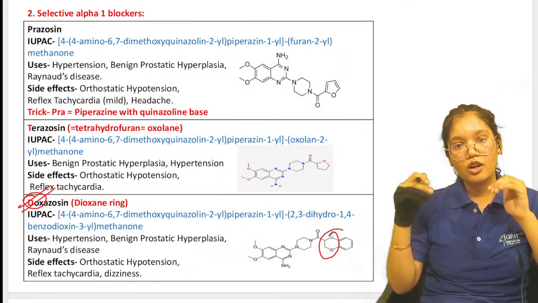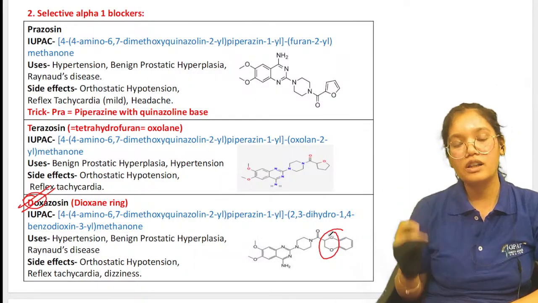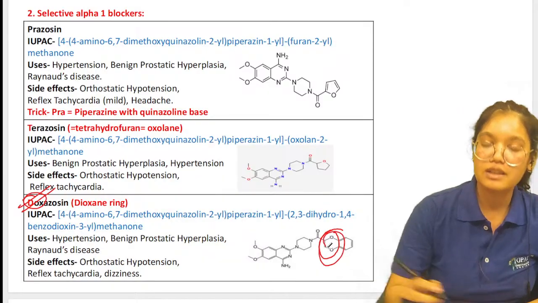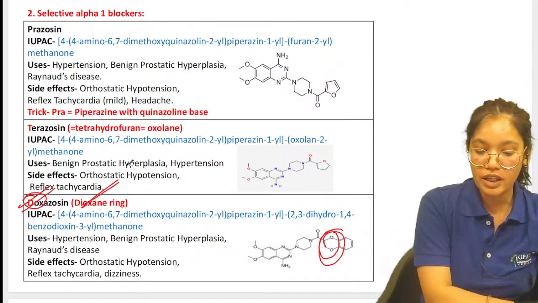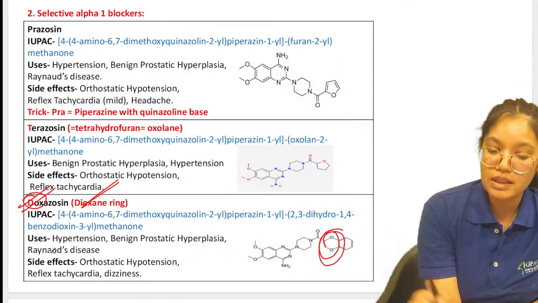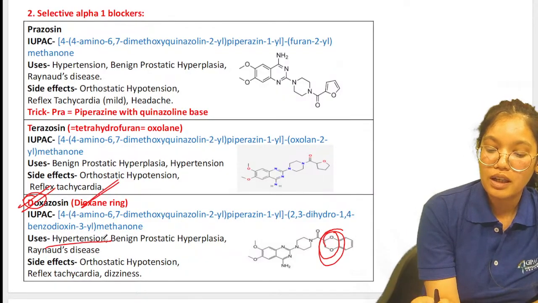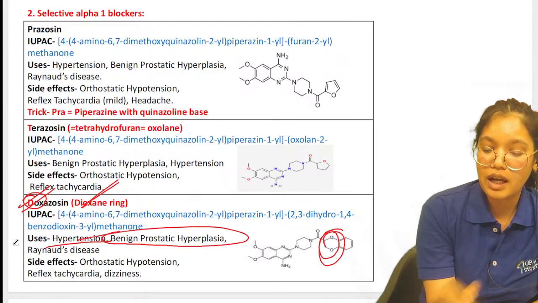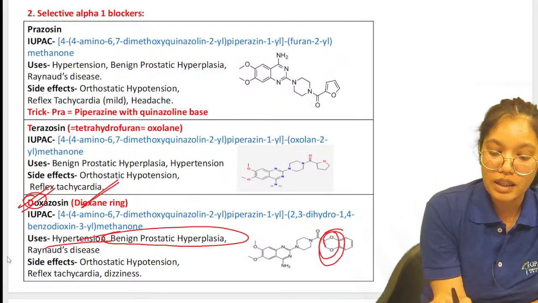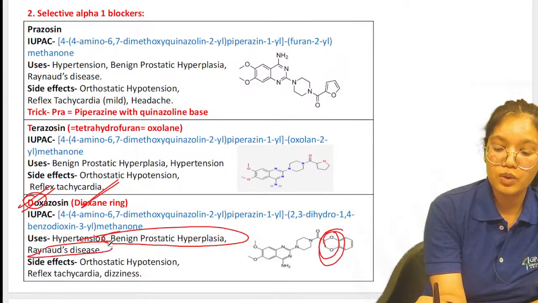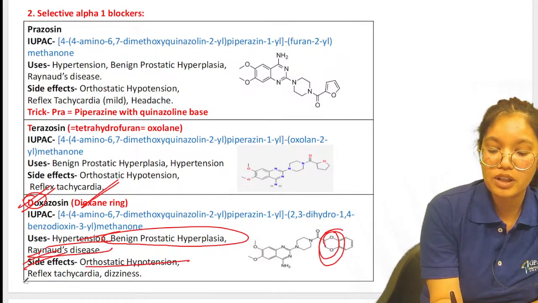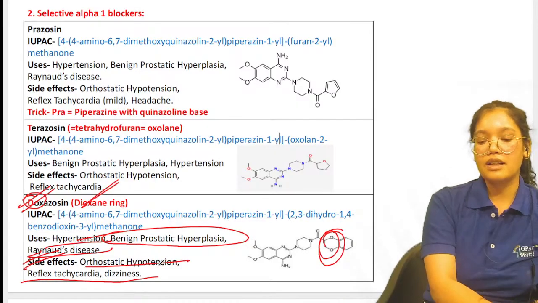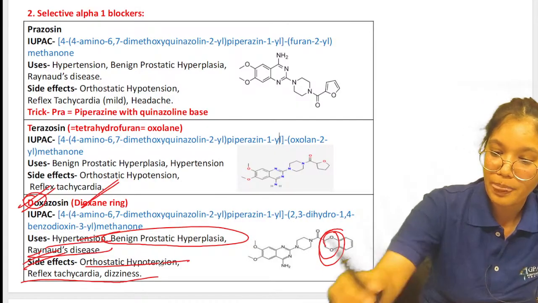The rest of the structure is the same for all three; the difference is only in the side chain. Talking about the uses, it is used in hypertension, then benign prostatic hyperplasia, then Raynaud's disease. The side effects are orthostatic hypotension, reflex tachycardia, and dizziness, same as the others.